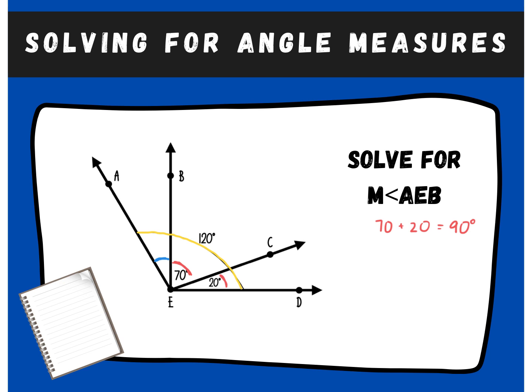From my full angle, 120 degrees, I need to take away the 90 degrees to find that missing piece. In this case, if I take away the 90 degrees, I get a value of 30 degrees, which tells me that the measure of angle AEB is 30 degrees.